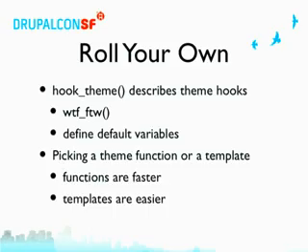So those are basically your two options. You can either implement it as a theme function or as a template file. And the trade-offs are basically that functions are much faster. The overhead of taking this TPL file and pulling it in, you have to use some PHP functions to print it out into an output buffer, then capture the output buffer and stick it back into a variable so you can give it off to some other theme function later or some other part of the system and return it.